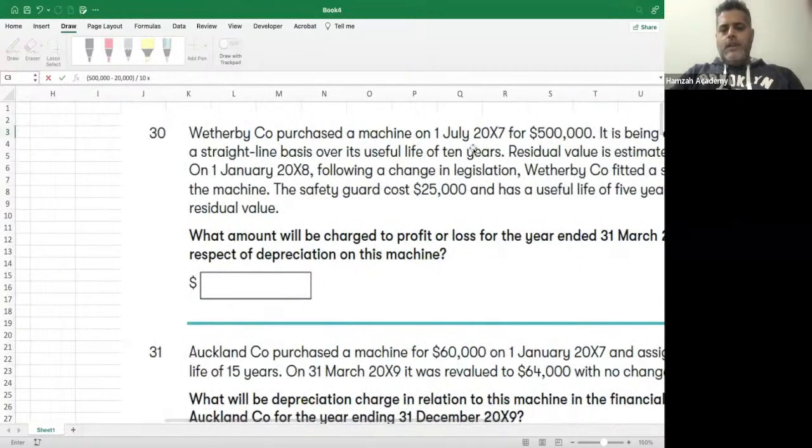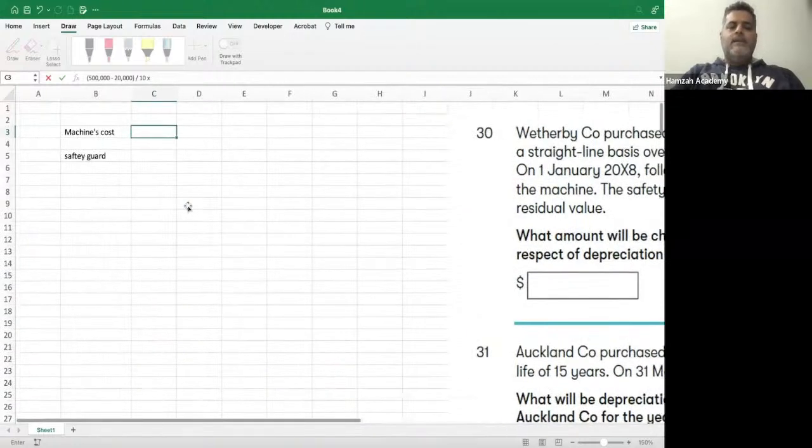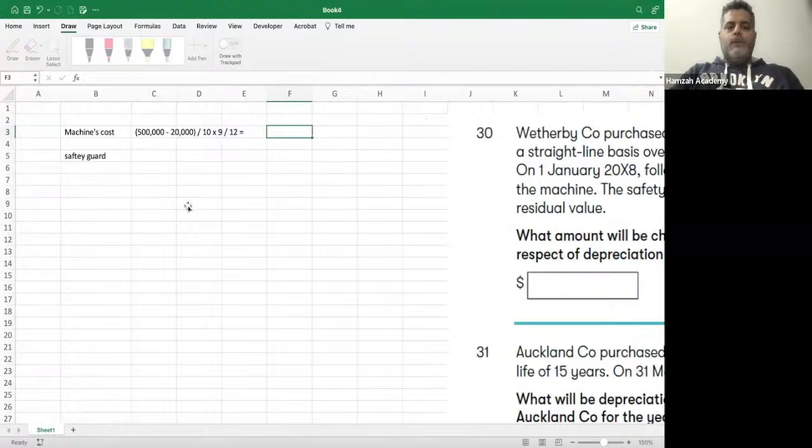We got the machine on 1st July and the year end is 31st March, so that's 9 months, because July to December is 6, then January to March is 3. So we'll have the depreciation of 9 by 12.